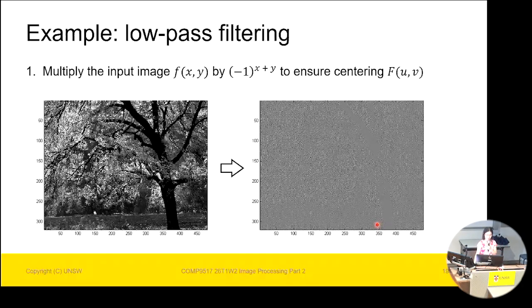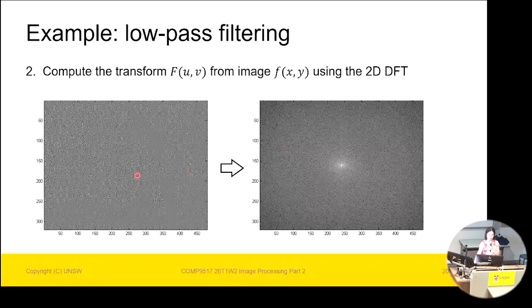So here's a visualization of an example. That's the input image. After multiplying this term, you will get this one, right? Totally different. And then with this one, this is the same as the previous image. So now with this, we can do a Fourier transform. So that's the 2D matrix we get of the frequency.